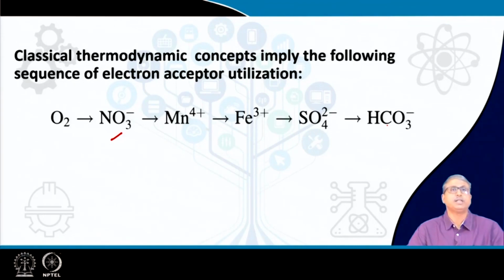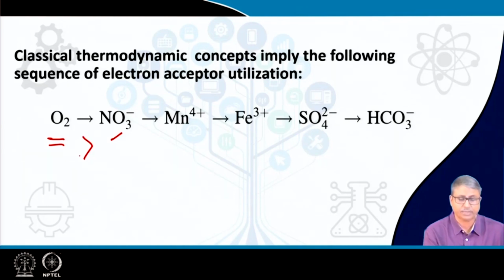But based on the thermodynamic gain, the free energy which could be produced, the extent of degradation will also vary. Obviously, aerobic respiration produces the maximum Gibbs free energy, so it will be most preferred, and the extent of organic pollutant degradation is expected to be very high. The extent of degradation will follow the same trend.